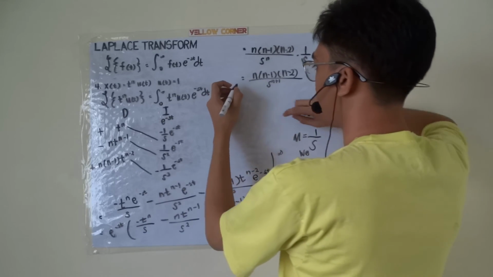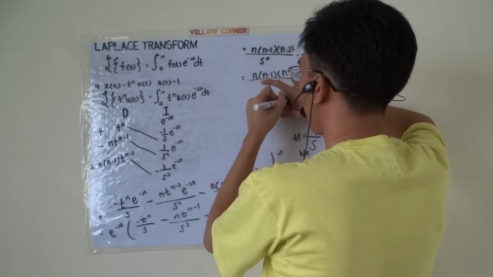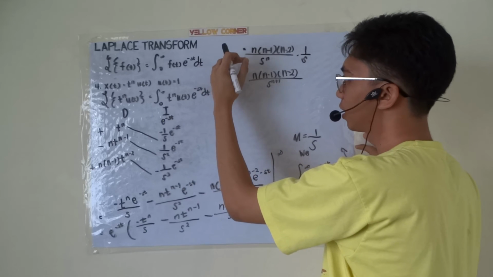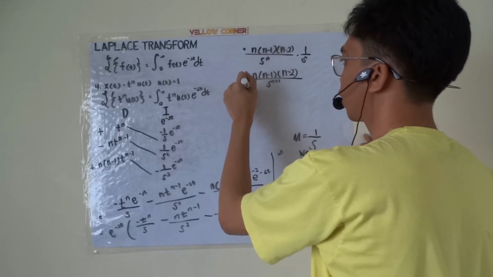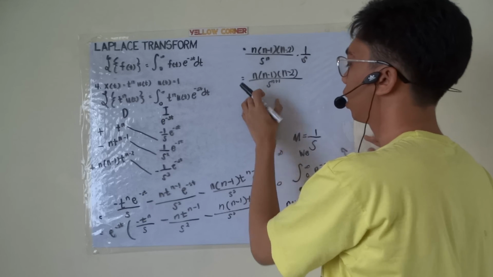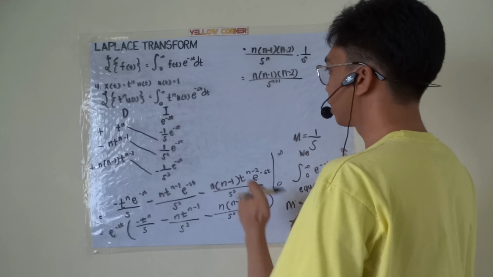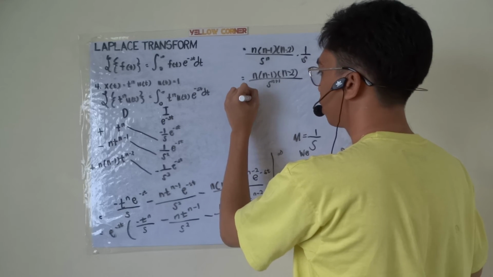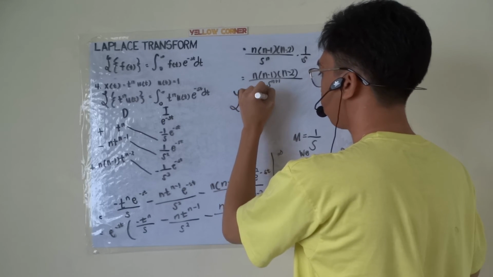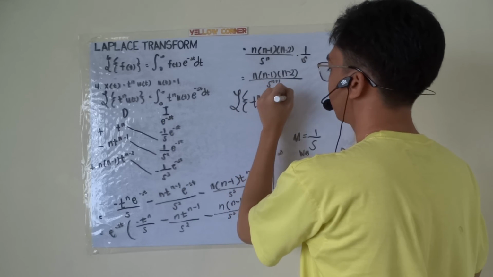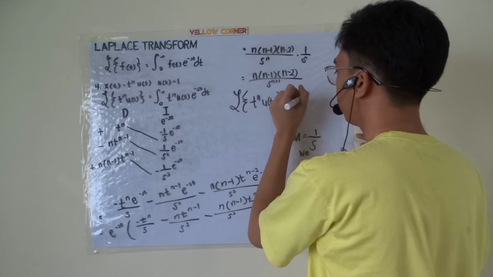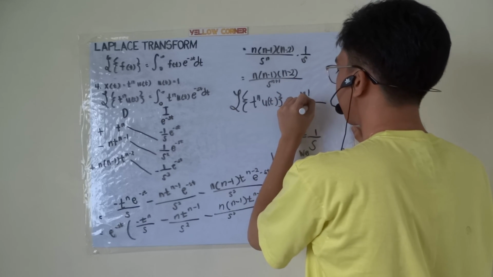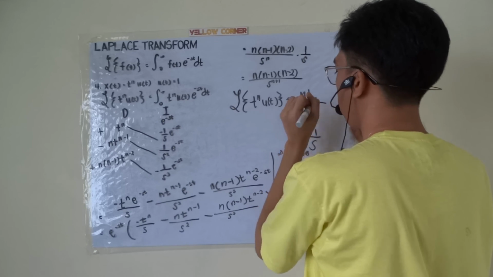And simplifying this, as n in the numerator decreases with a certain pattern and our s here also increases, we can have the Laplace transform of t raised to n u of t as equal to n factorial over s raised to n plus 1.